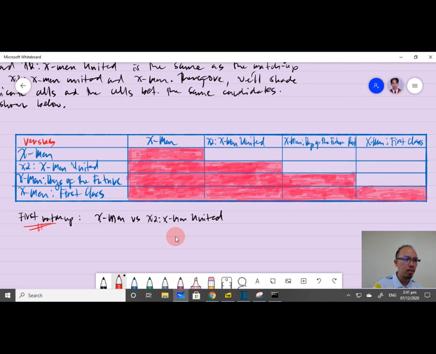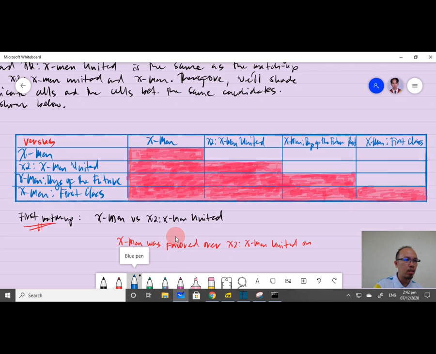X-Men, let's say, X-Men was favored over X2 X-Men United. And also let's have another color here.